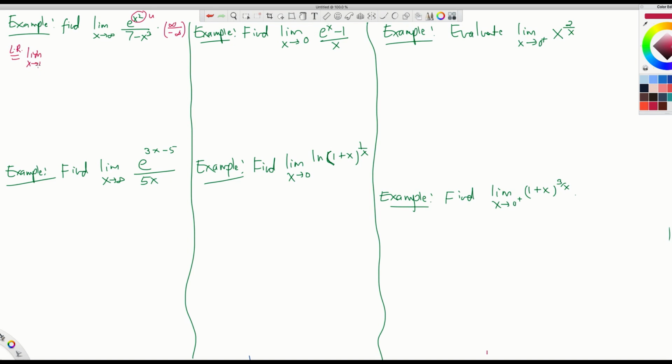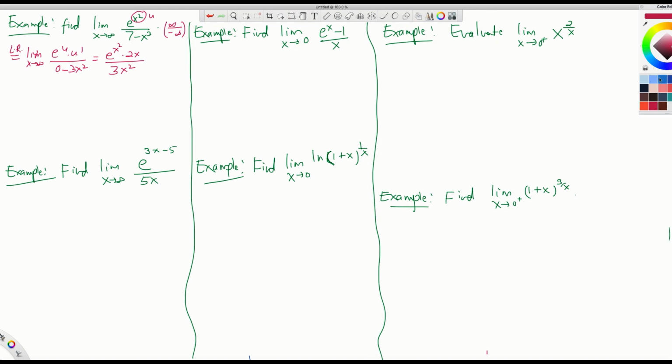Limit x tends to infinity, e to the u times u prime over the derivative of the bottom, which is 0 minus 3x squared, right? So let me plug in the value of u: e to the x squared times u prime, which is 2x, right? Divided by, what do you get? 3x squared. You see that?